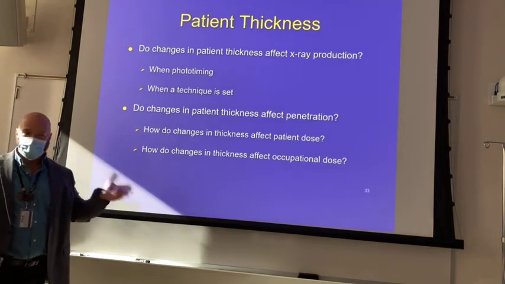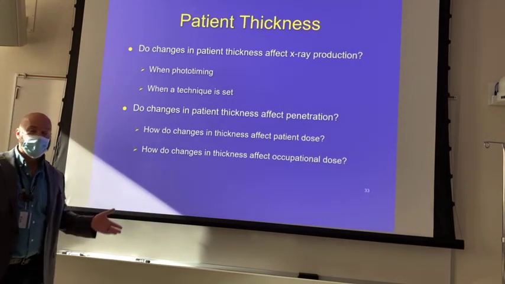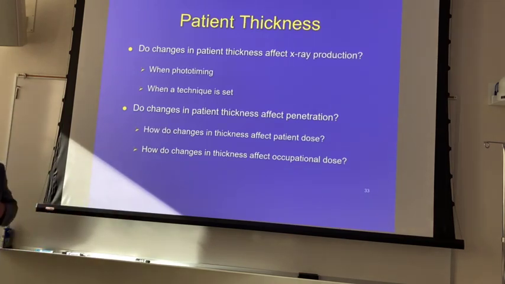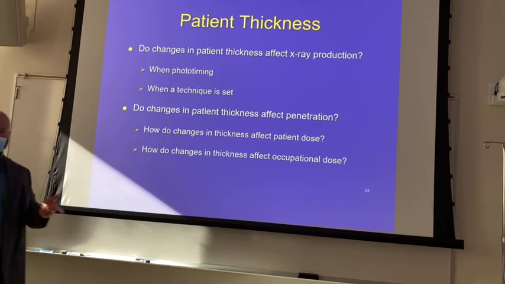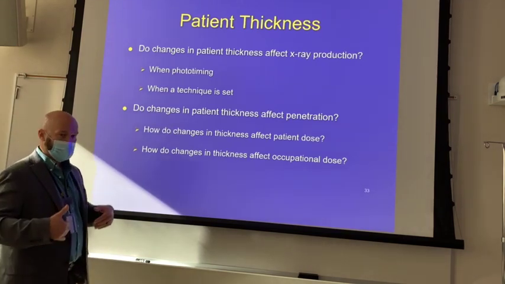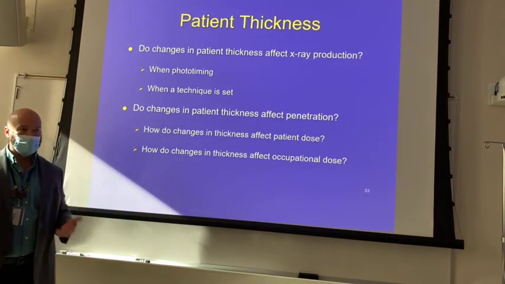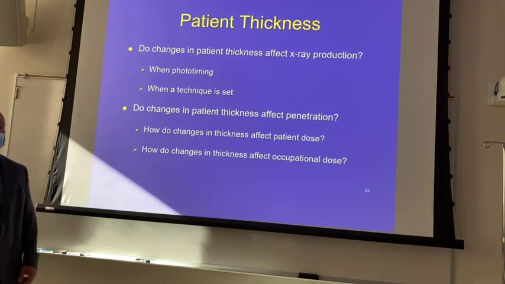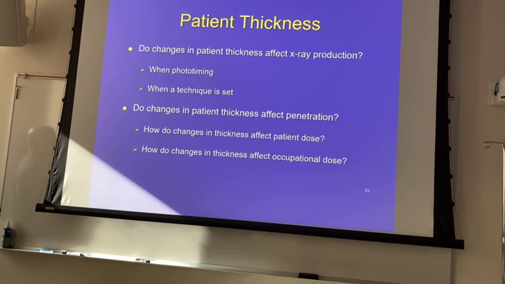You get a great big patient, and you're going to create a lot of scatter. You're going to have a big exposure. So it becomes more imperative for you to make sure you wear your lead and get behind the portable. If you're in the department, make sure that you get behind the glass and shoot from behind the control panel. So as the patient thickness goes up, the potential for you to have a higher occupational dose goes up.